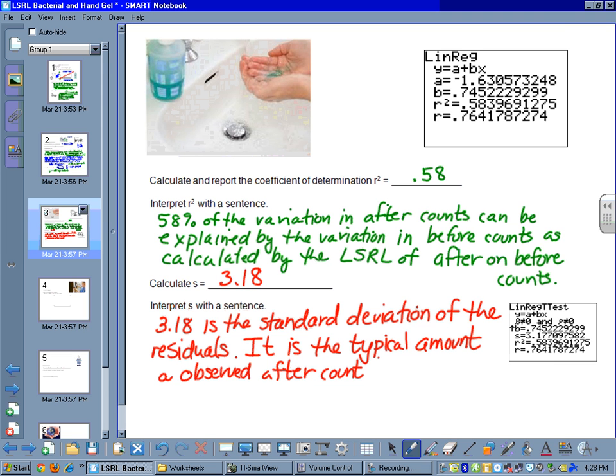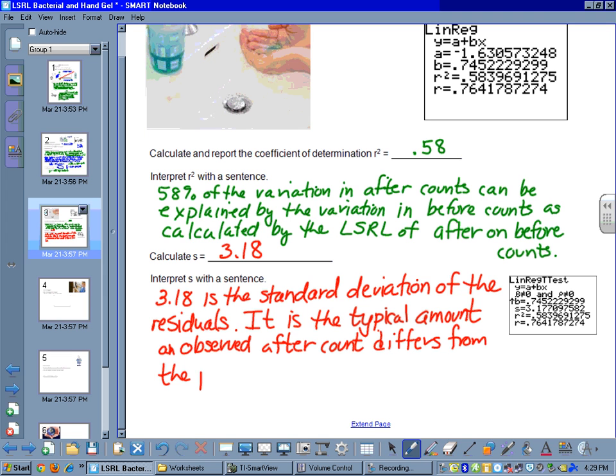So that's my actual data point that I have up above in the chart. It's a typical amount an observed after count differs from the predicted after count. And that lives where? On the least squares regression line. Okay.